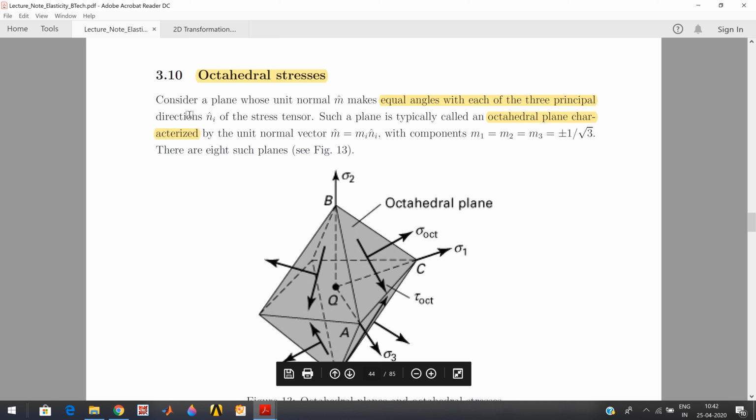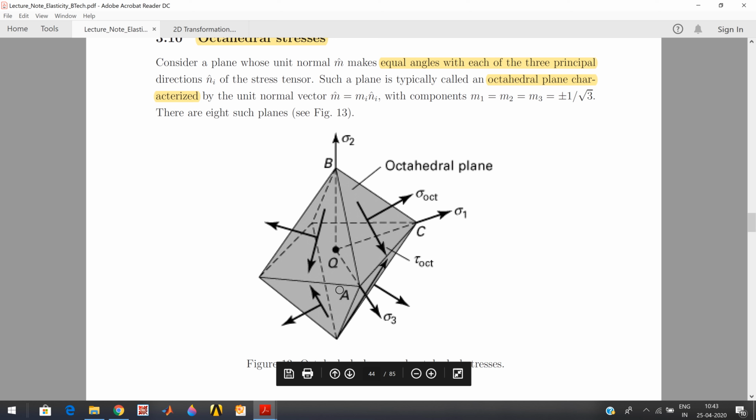Why octahedral? Because octa means 8. You will see that we will get 8 such planes, because principal directions will be along n1 and also along minus n1, so both are principal directions. Considering the positive and negative sides of n1, n2, n3, we will have a total of 8 octahedral planes.